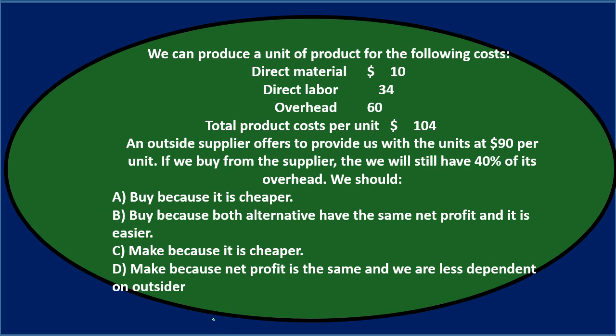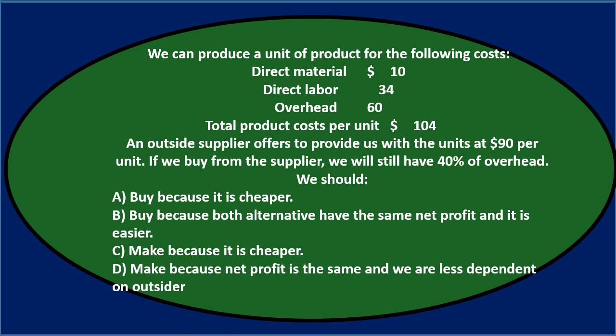If we buy from the supplier, we will still have 40% of overhead. We should either A, buy because it is cheaper, B, buy because both alternatives have the same net profit and it is easier, C, make because it is cheaper, or D, make because net profit is the same and we are less dependent on an outsider.